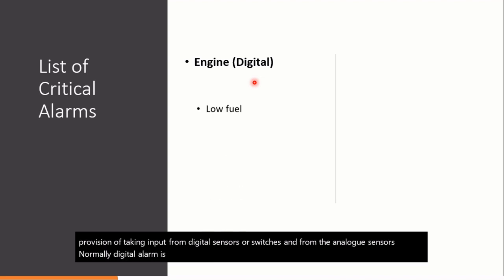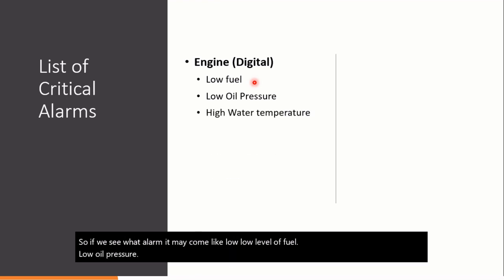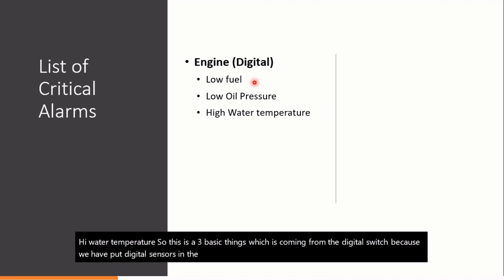So if we see what alarms may come, like low level of fuel, low oil pressure, high water temperature. These are three basic things which come from digital switches, because we have put digital sensors in the diesel generator on the engine side. Like in the fuel tank we have put a float, which will operate at a certain fuel level inside the tank.